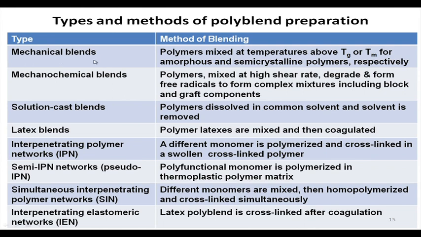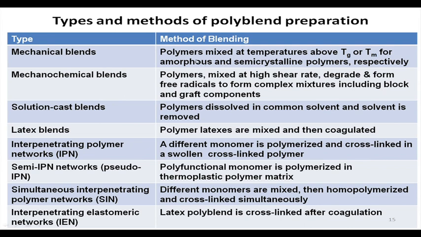Such mechanical blends are obtained by mixing the polymers at temperatures above glass transition, if the component polymers are amorphous.